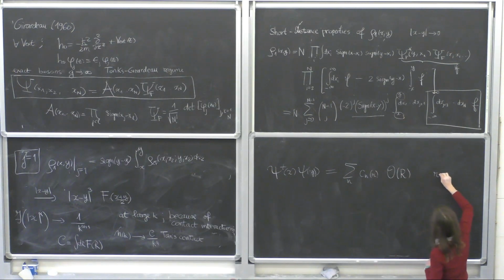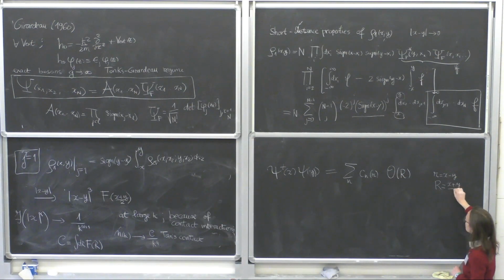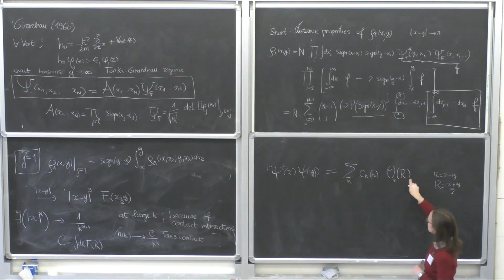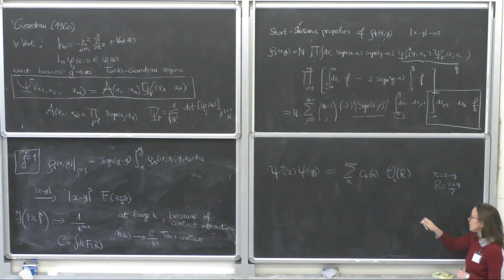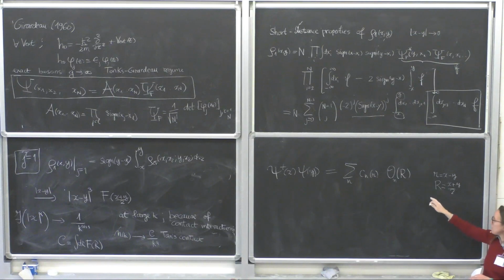So little r is x minus y, and capital R is x plus y over 2. And these are local operators, depending on the fields, maybe on their derivatives.